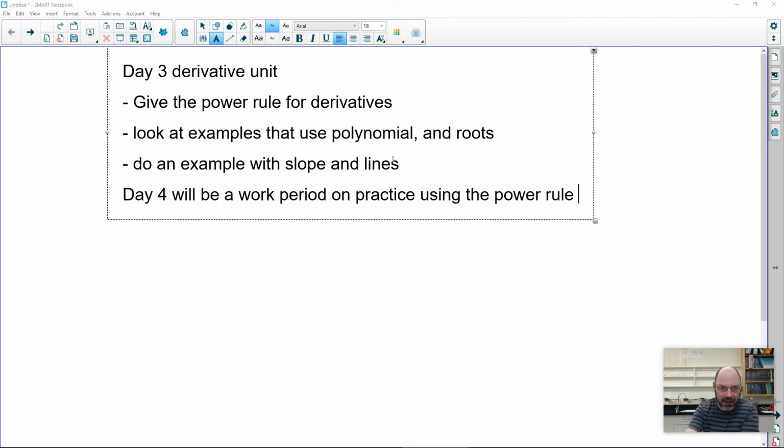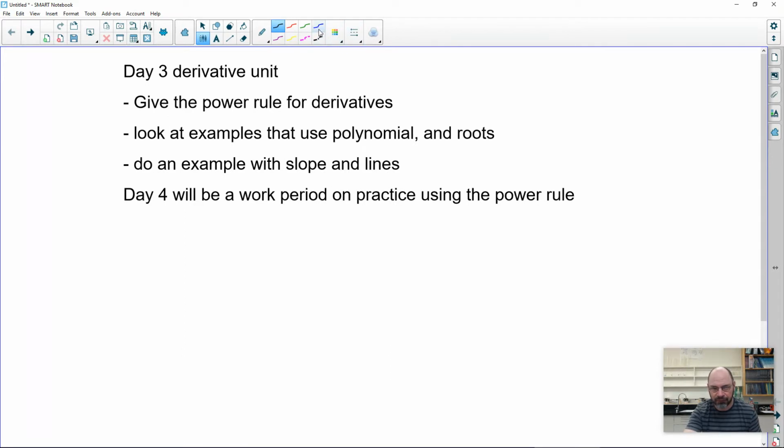So let's go ahead and look at the derivative power rule, the shortcut rule. You probably, as you did last assignment, found or realized or maybe saw a pattern in there, and you maybe have it figured out already. Let's change to the marker here.